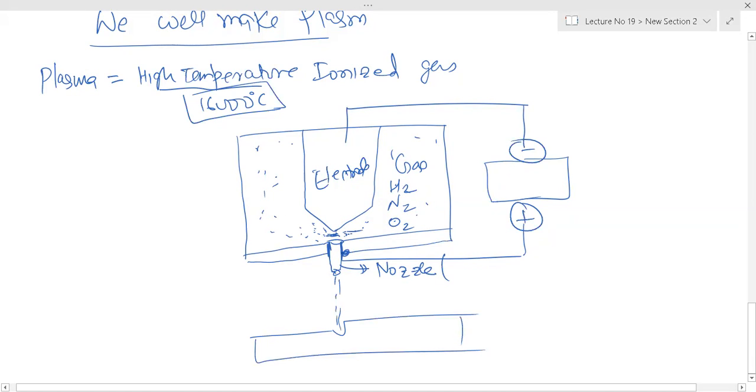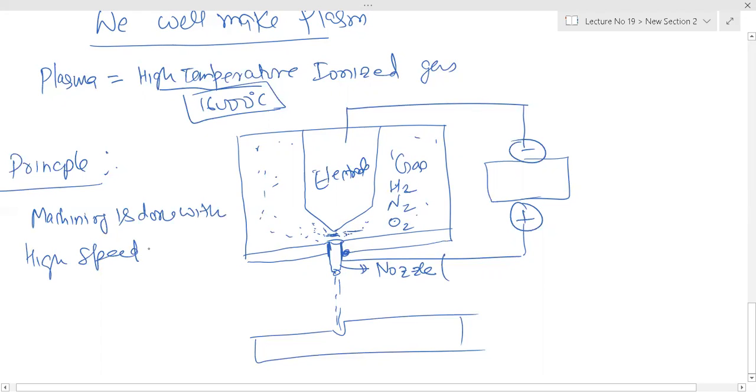So this plasma, if you force it, so basically the principle of machining is that machining is done with a high speed jet of high temperature plasma.